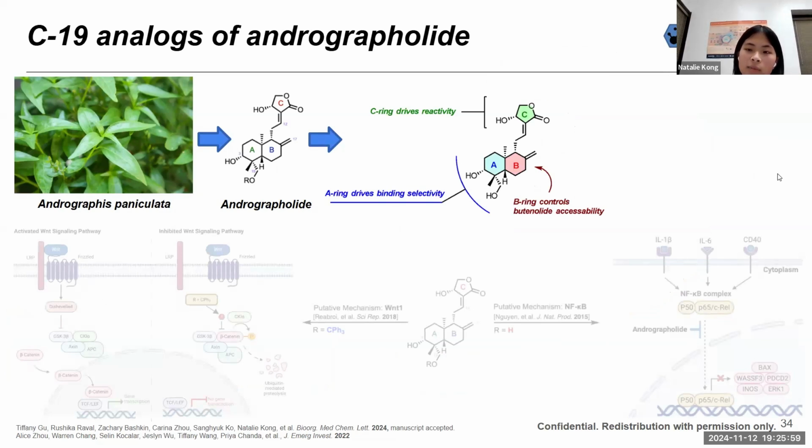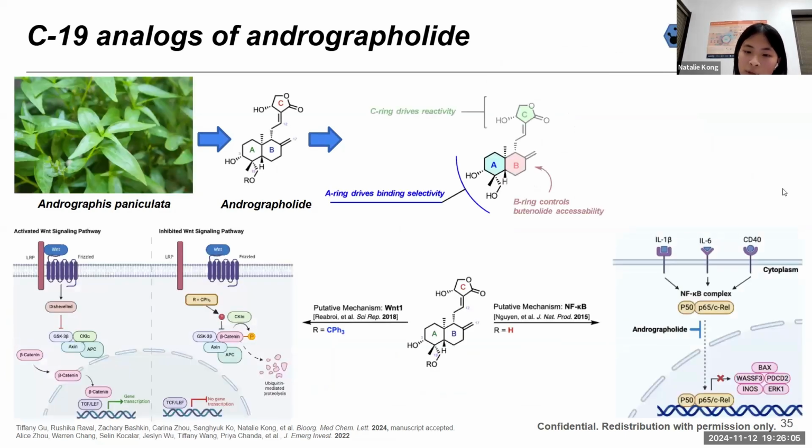So our next topic of interest was the A ring. And previously, in 2 different papers, there were 2 different proposed mechanisms for Andrographolide from modification of the A ring. So in 2018 in CIREP, they proposed that a trityl analog would allow andrographolide to act through the WNT signaling pathway.